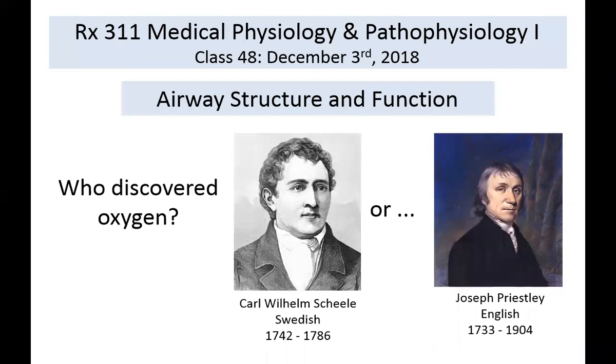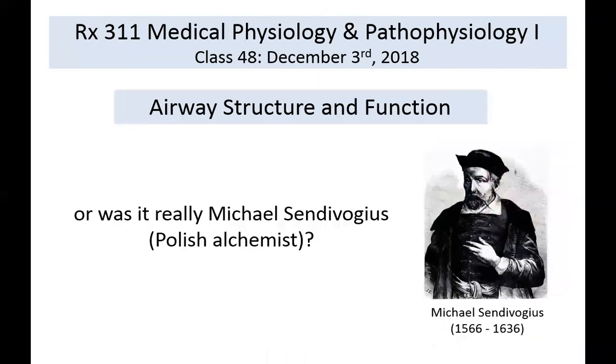So who discovered oxygen? 1804, not 1904. And as I say, there's Lavoisier, who came along a little later. He was French, but I don't think he really claims that he discovered oxygen. But he certainly showed how it was produced in combustion. Maybe it was neither of these guys, because if you look up history of oxygen, you'll find Scheele, Priestley, Lavoisier.